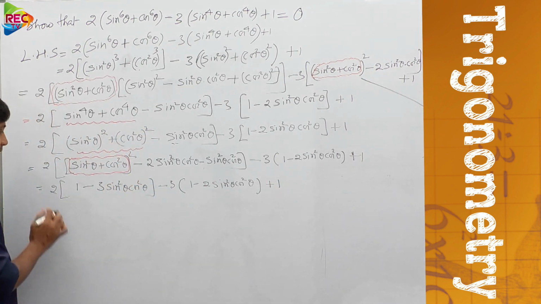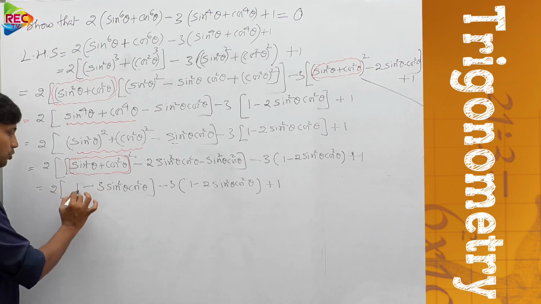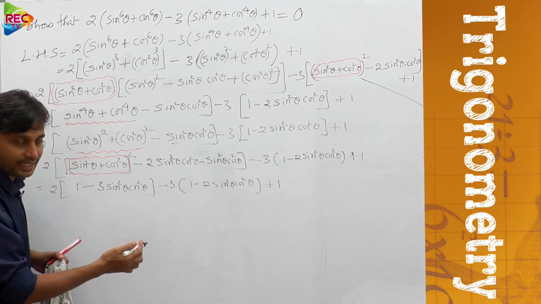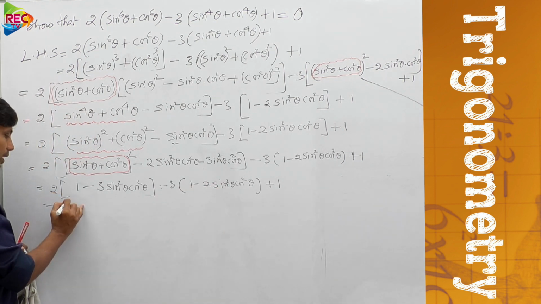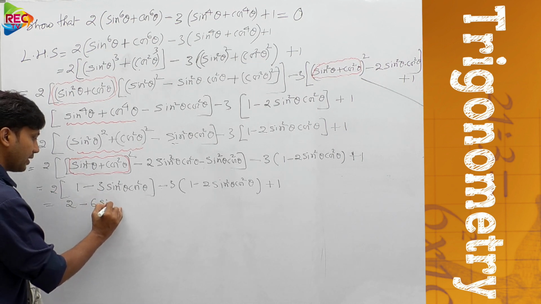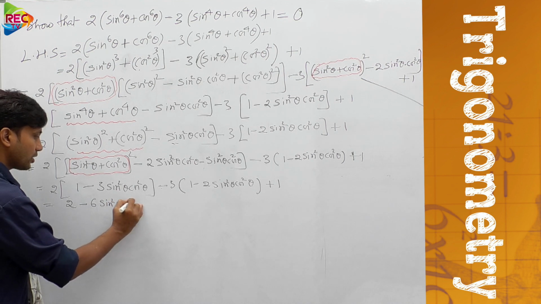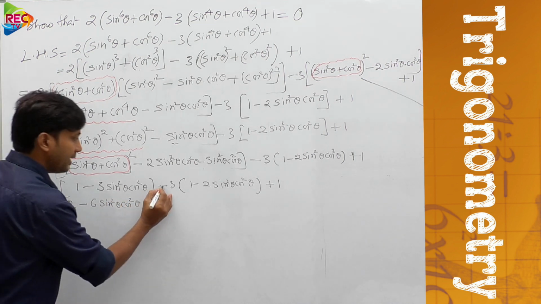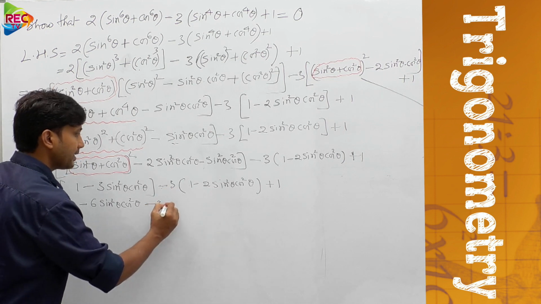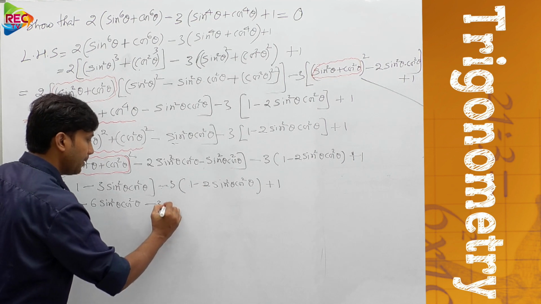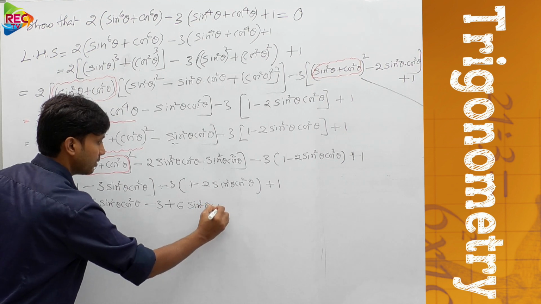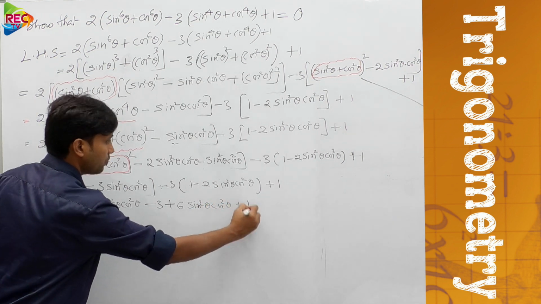Okay, plus 1. Now somehow simplified. Now do one thing, multiply this entire expression with 2 and multiply this entire expression with minus 3 and open the brackets. Now what happens? 2 into 1 would be 2, minus 2 into 3 would be 6 sin square theta cos square theta, minus 3 into plus 1 would be minus 3, minus 3 into minus 2 would be plus 6 sin square theta cos square theta, plus 1.